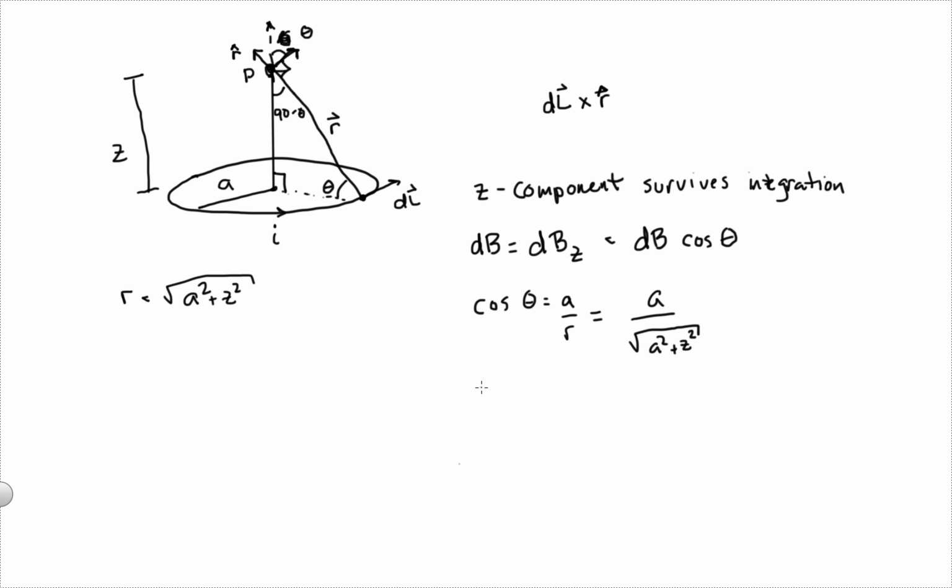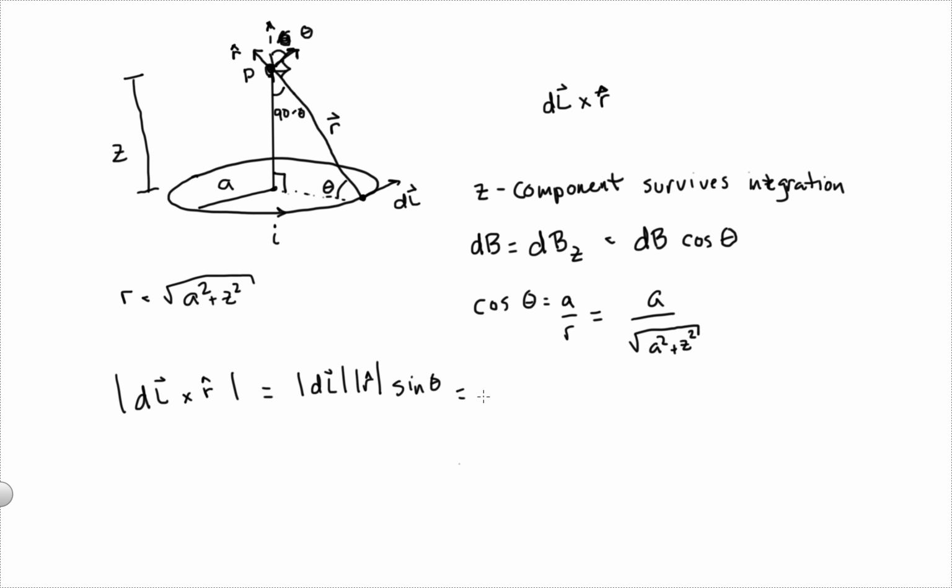The other thing that we know, by looking at the cross product here, dl crossed into r hat, well, that is going to be the magnitude of dl times the magnitude of r hat, which is just 1, times the sine of theta, which is the angle between those two.